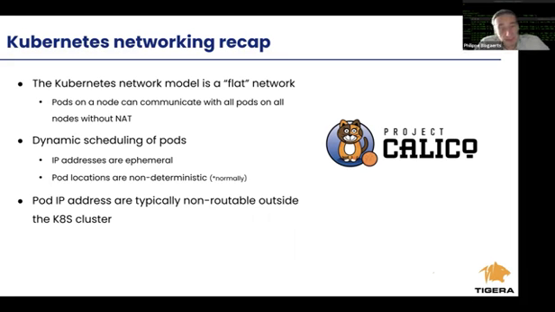Last but not least, very often when you install a CNI on a cluster, and it really depends on where you install it, every CNI tends to work differently. But quite often, when a pod connects to the outside of the cluster, for example, to an API like Slack or Twilio, the IP addresses of the pods are typically not routable outside of the cluster. I know that you can solve that with Calico, which has an option to do that.